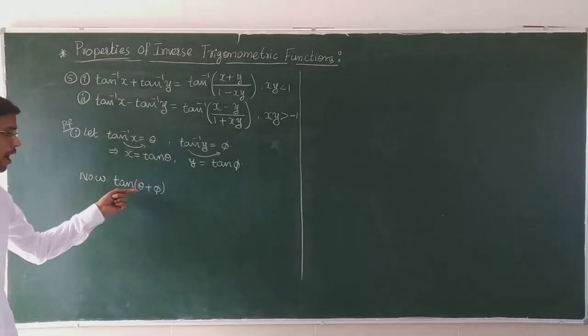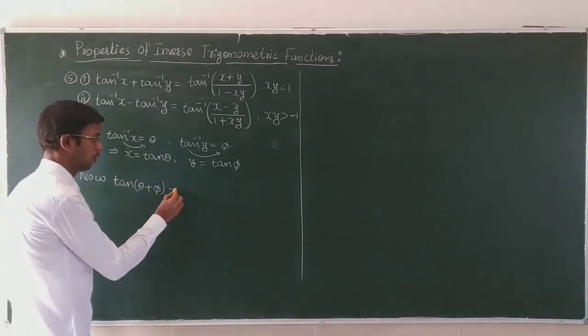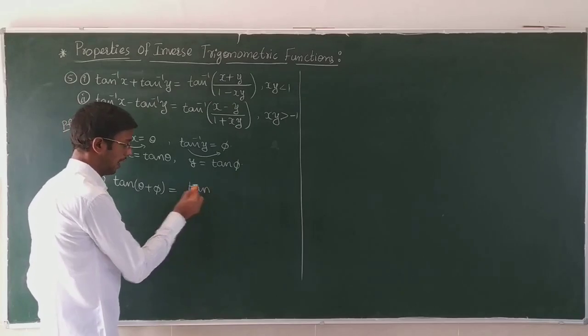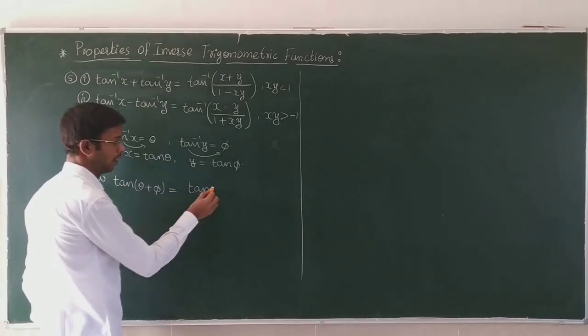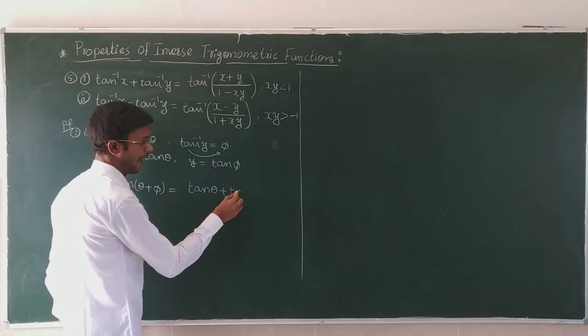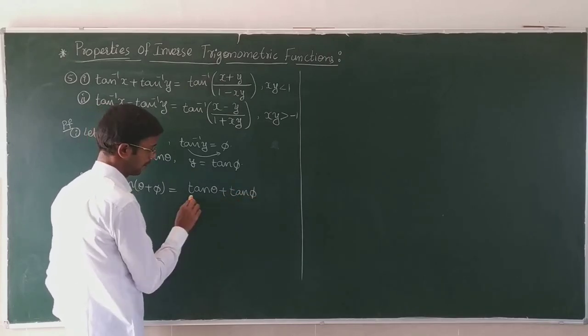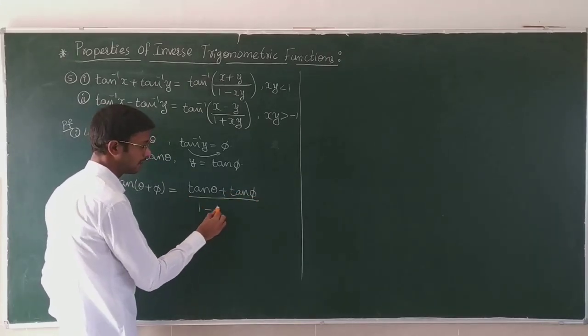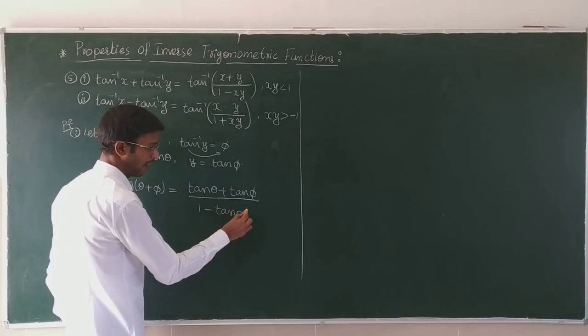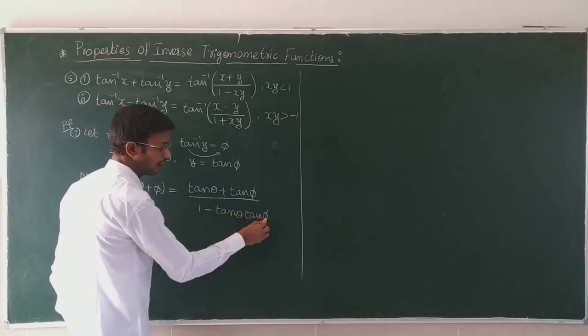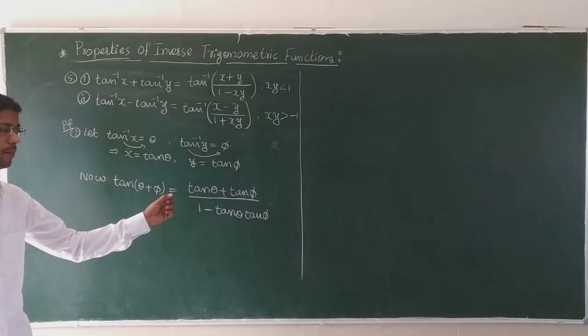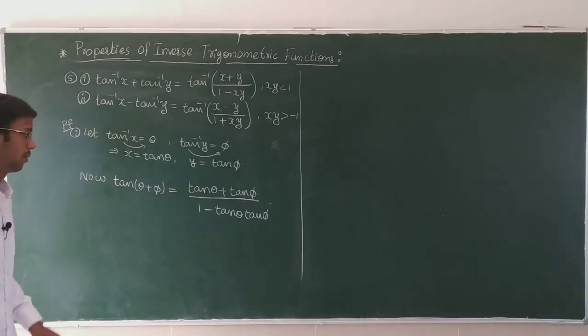I am using the tan of a plus b formula: tan a plus tan b by 1 minus tan a tan b, where a is theta and b is phi, by substitution.